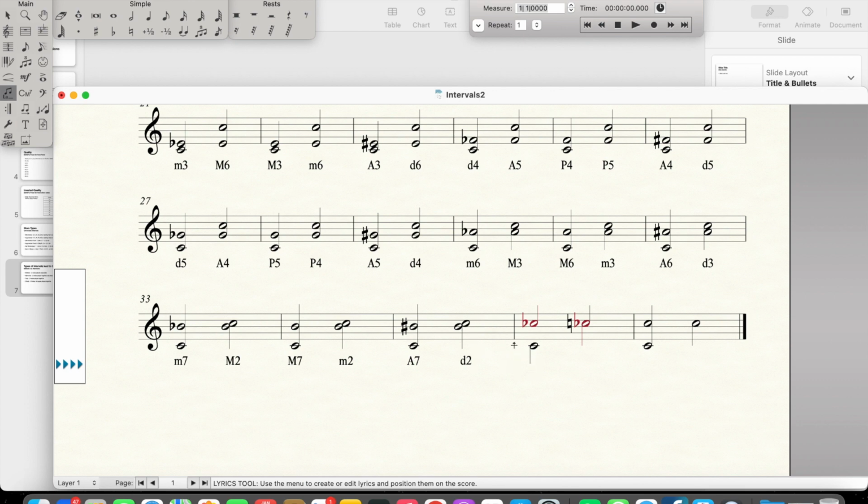Yes, because they're the same note. And this would be a diminished octave becomes a, oh, we had that at the beginning.